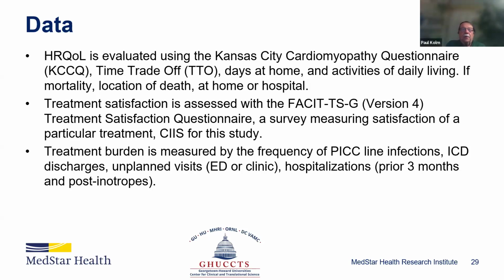For example, treatment burden is measured by the frequency of PICC line infections, ICD discharges, unplanned visits to the ED or to clinic, and then hospitalizations, both prior and after treatment.